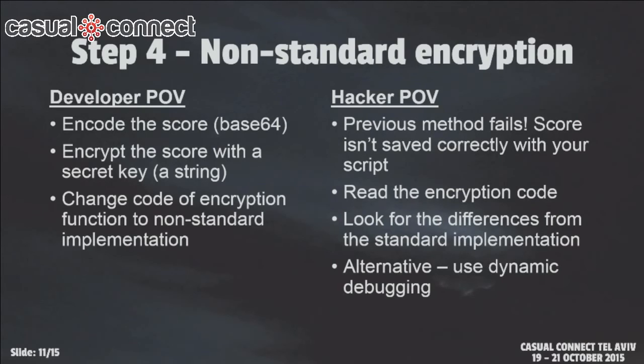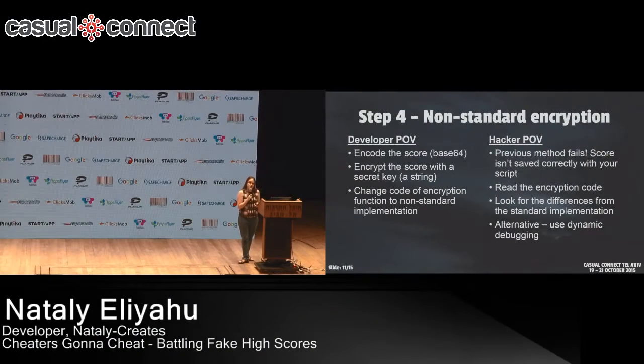Yeah, so if they do decide to attempt to overcome this, they would have to dig into the implementation of an encryption function, which is usually very complicated and long, and look for the differences between that and your own code. Or they could use something called dynamic debugging, which I'll say is not always possible or not always easy to do.